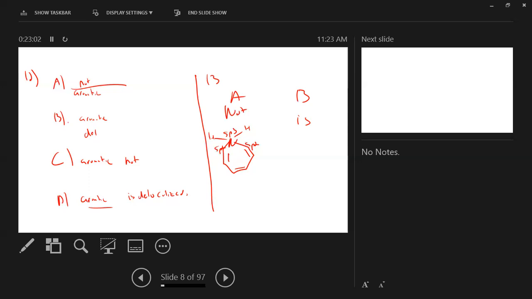So let's go on to 14 then. Well, with sp2, if they're all sp2, then they're all going to be overlapping with each other. And that's why I like to give that case, a cyclooctatetraene, or this one right here, where these are all sp2 hybridized carbons.